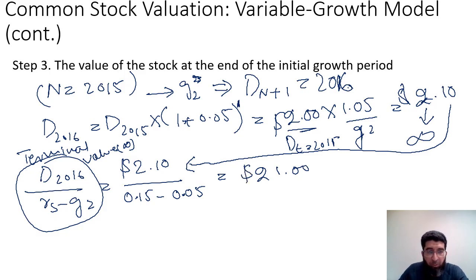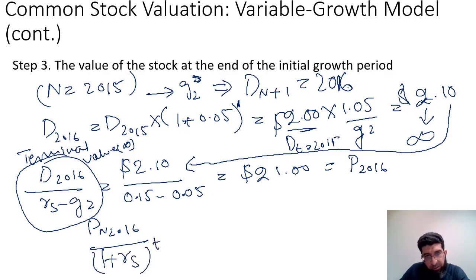Now, as I said, we can write it as the P_n 2016 value. Now we use P_2016 divided by (1 plus r_s) to the power t, where t is equal to 3 years, because now it's the end of 2016. We have to bring it back to zero, so we bring it back by discounting it, and this is the discounting term, which is the required return.